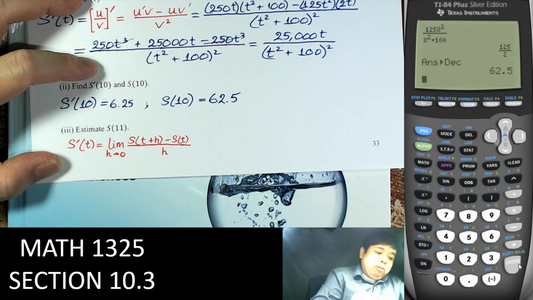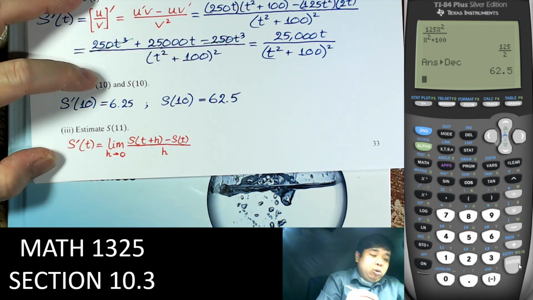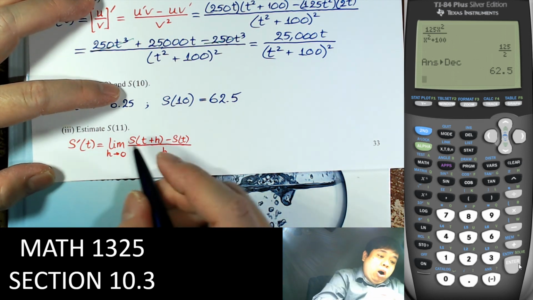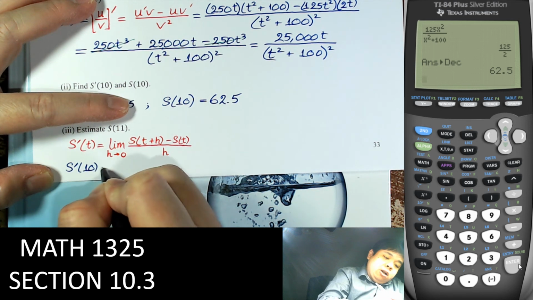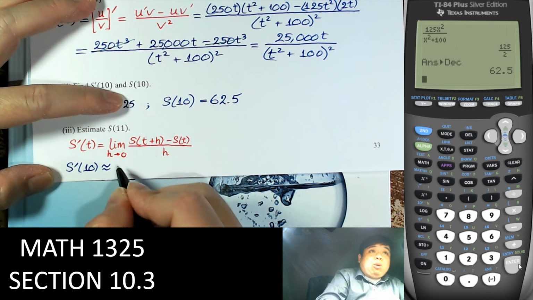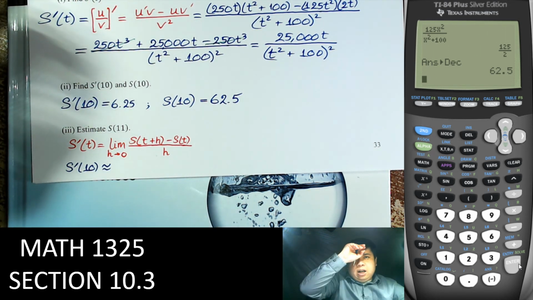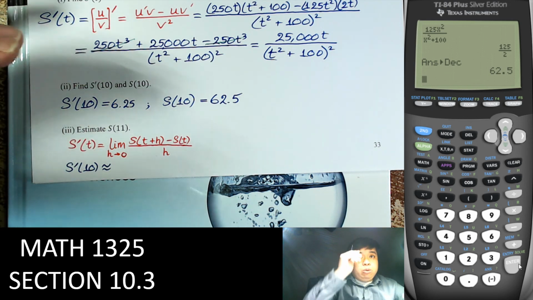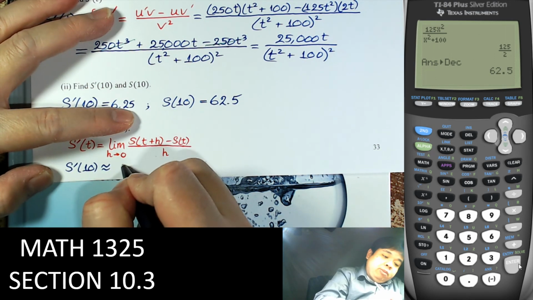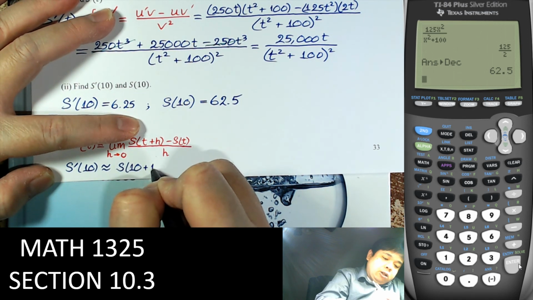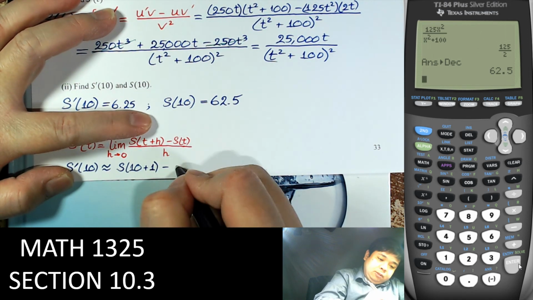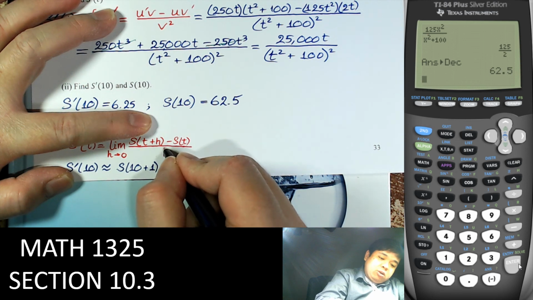Now if we say t is equal to 10 and let h equal 1, we can say the derivative at 10 is approximately equal. So now if we let h equal 1, it will no longer be equal, it's approximately equal to. Now remember, t is 10 and h is 1, so that's just divide by 1.